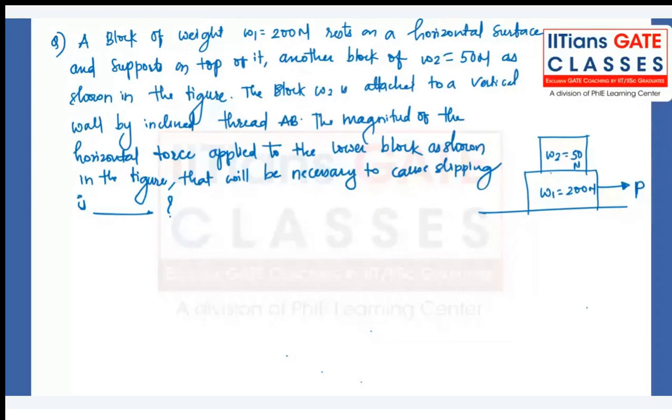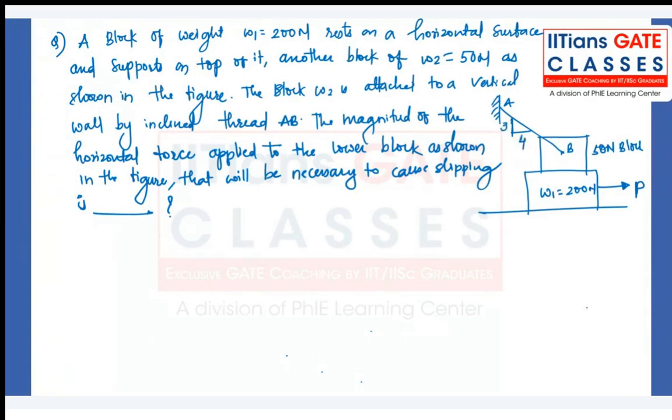We have AB thread, 50 Newton block, and the slope is given to you. This is 3 and this is 4.